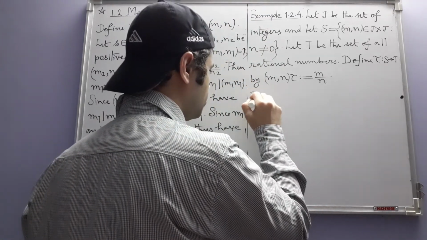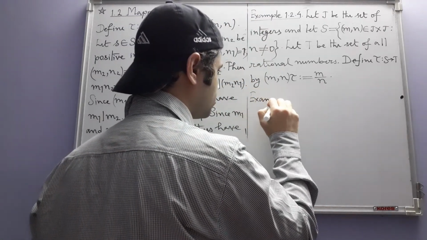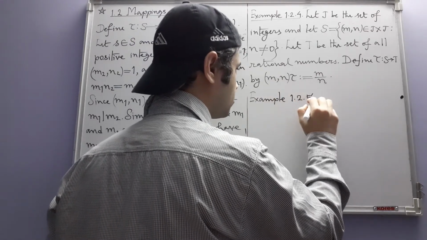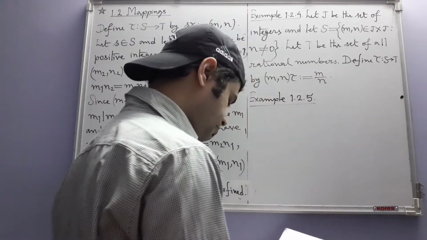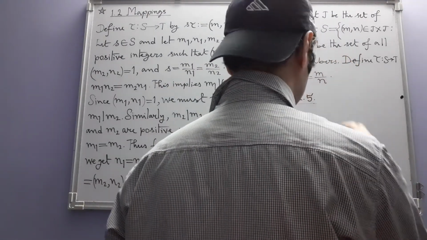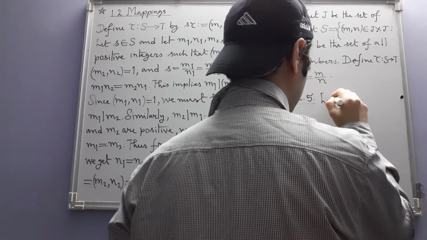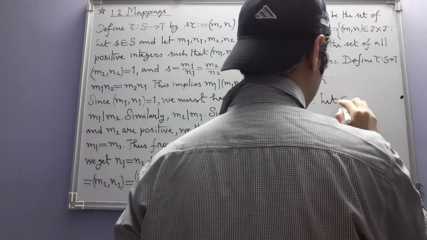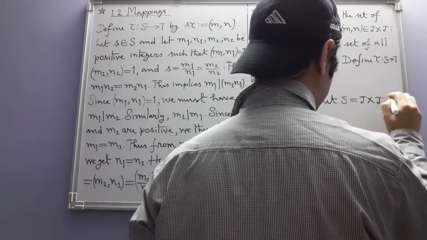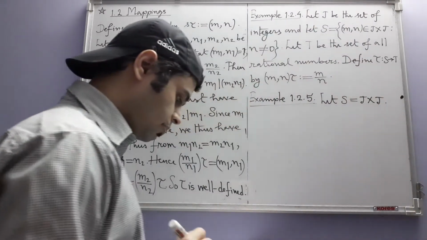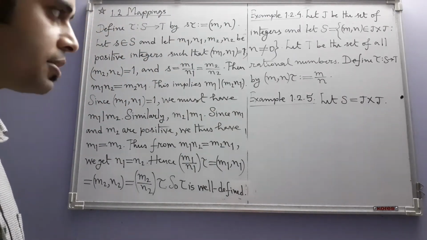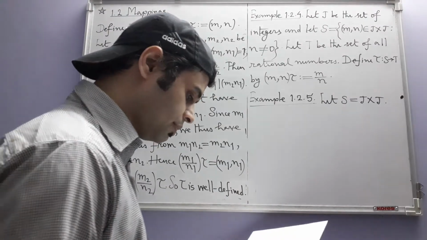Then example 5. Let S be equal to J cross J. Herstein writes J is the set of integers. How many times he is going to write this, I don't know.